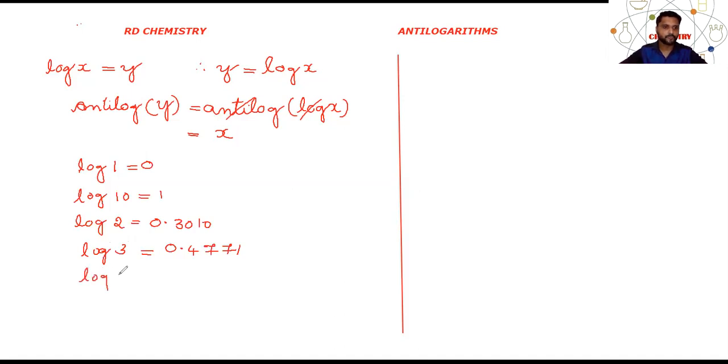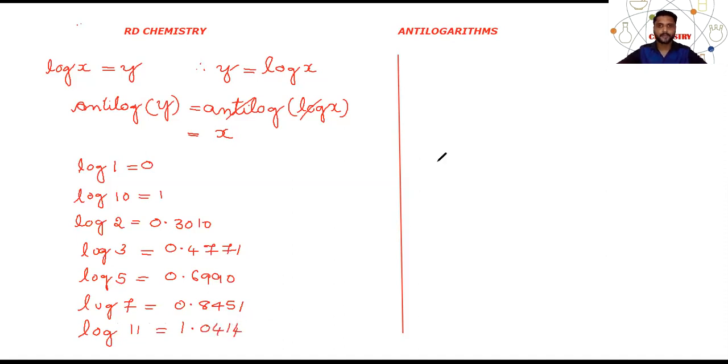Log 5 is equal to 0.6990. Log 7 is equal to 0.8451, and the last one is log 11 is equal to 1.0414.